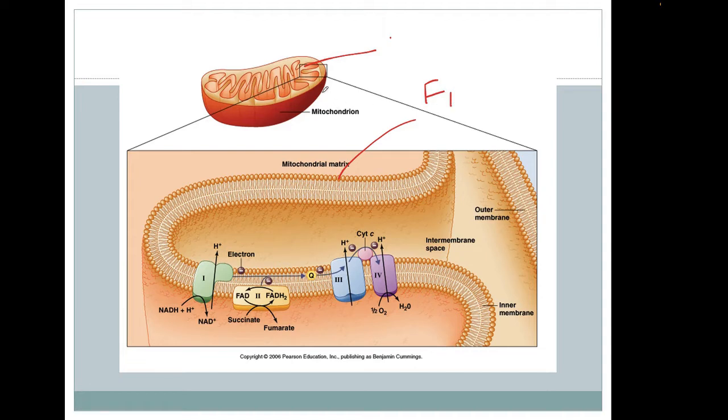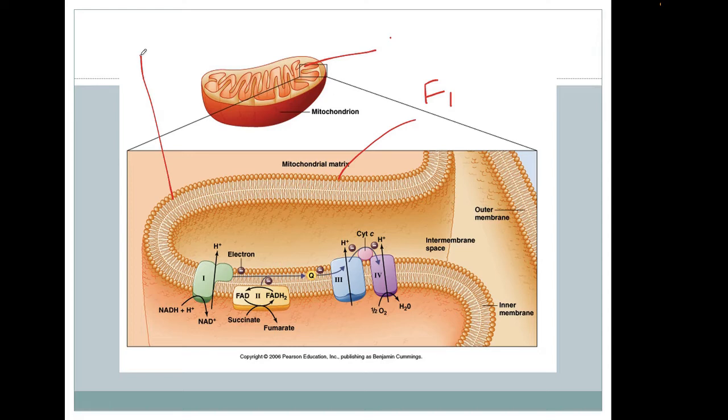In the diagram, this part is enlarged in the lower diagram.